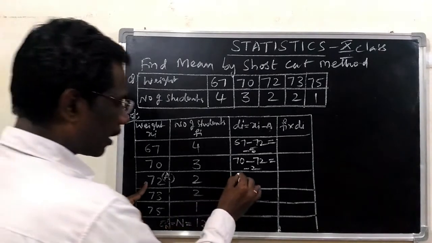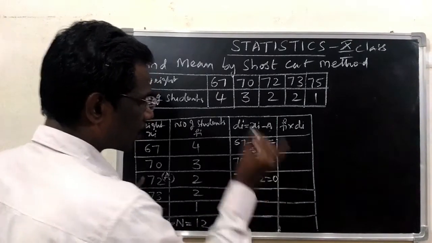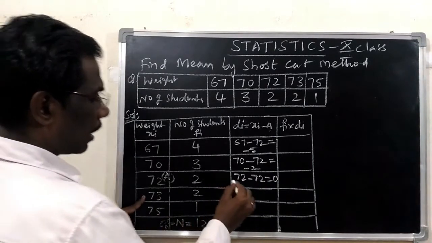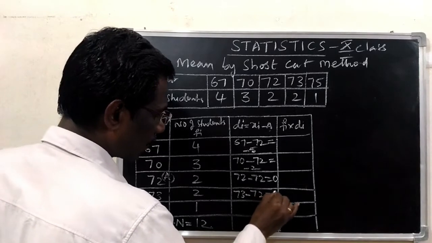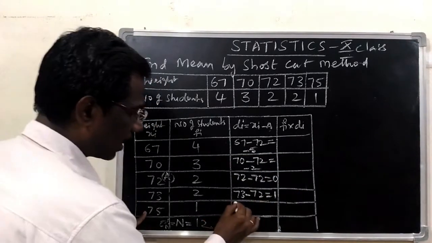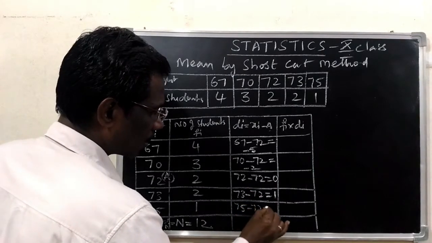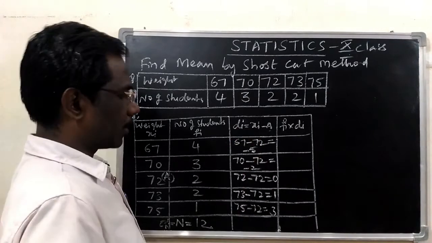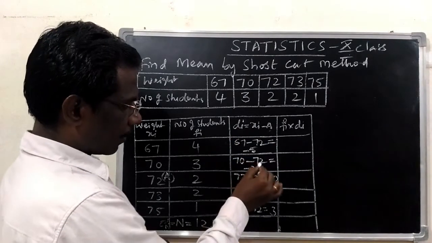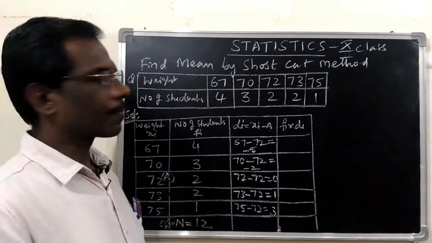Next, 72 minus 72 equals 0. Here 73 minus 72 equals 1. 75 minus 72 equals 3. Here we got the di values as minus 5, minus 2, 0, 1 and 3.